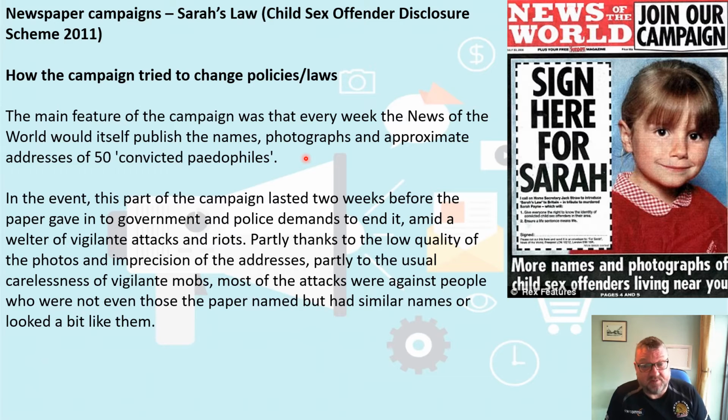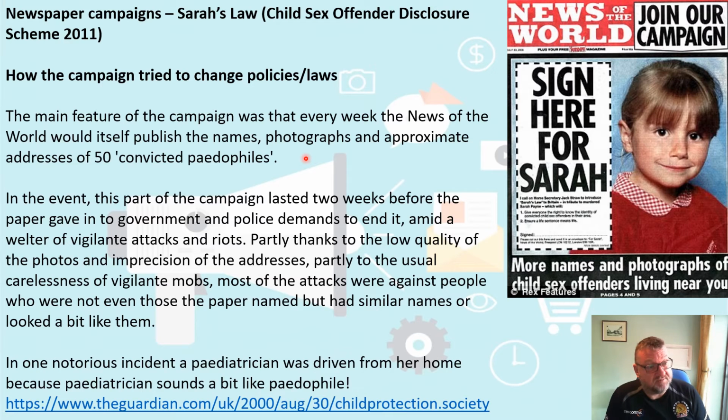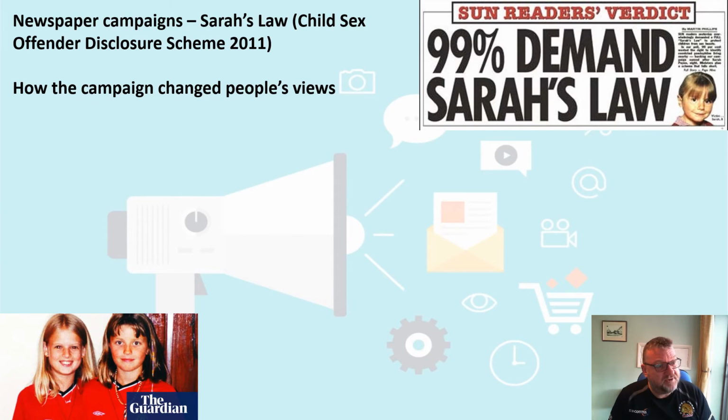So innocent people were being targeted by vigilante mobs. And the most notorious incident was when a paediatrician, a doctor that looks after children, was driven from her home because paediatrician sounds a bit like paedophile. And I've given you the link to the Guardian report on that if you wish to have a look at that.